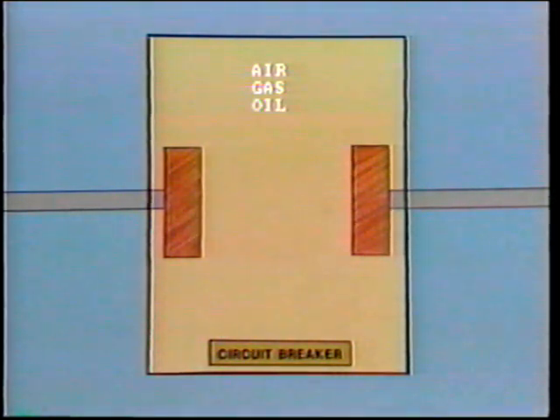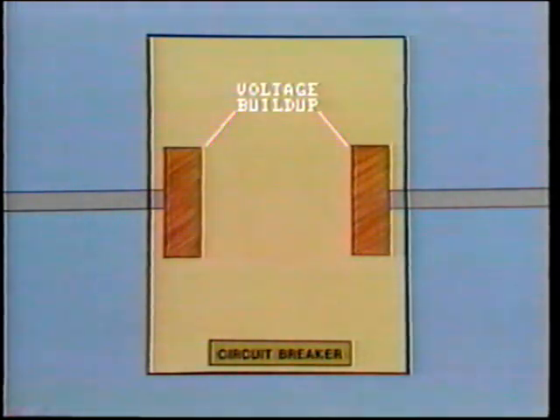By way of review, you know that when a circuit breaker opens to interrupt current, an arc is formed between the parting contacts. Normally, this arc is quickly extinguished by the dielectric in the interrupting chamber, which may be air, gas, oil, or vacuum. After the arc is extinguished, there is voltage buildup across the open contacts.